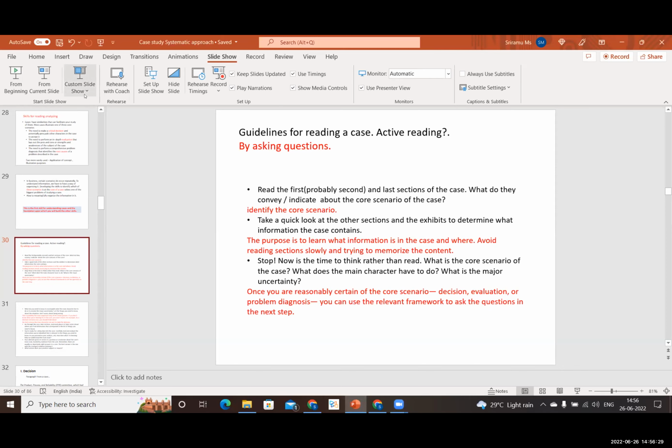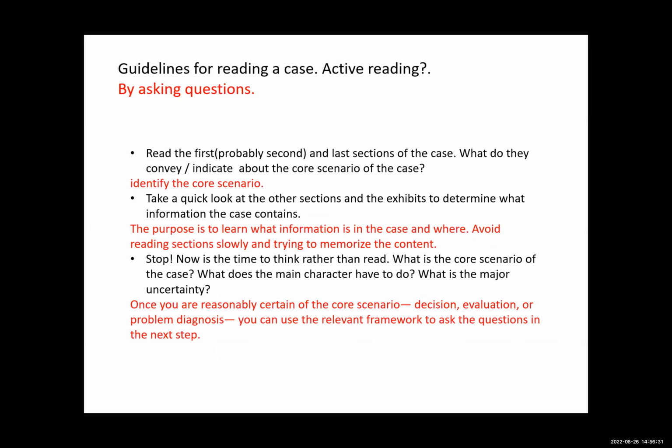So the question comes: how do I read the case? One of the most important things is, first read the first and last sections of the case. Identify the course. So they can see the options, they can put it.